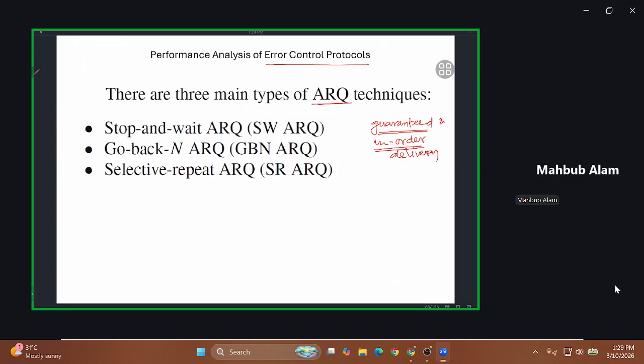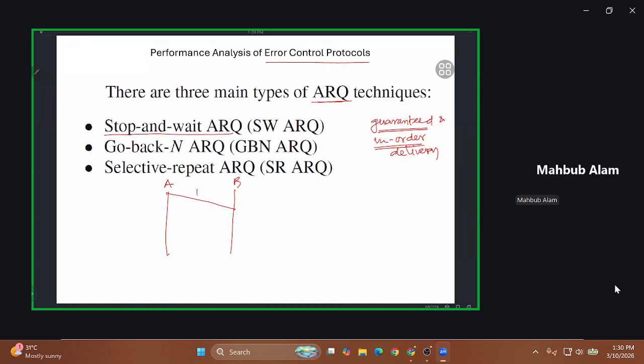Now, the stop and wait protocol is a very simple protocol. We have a station here, A and B. A sends a packet. After sending it, it stops and waits. Wait for what? Data is sent, so wait for the acknowledgement.